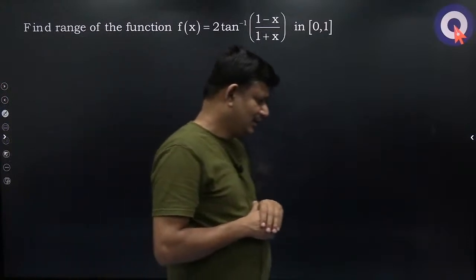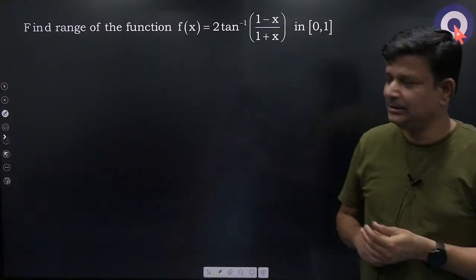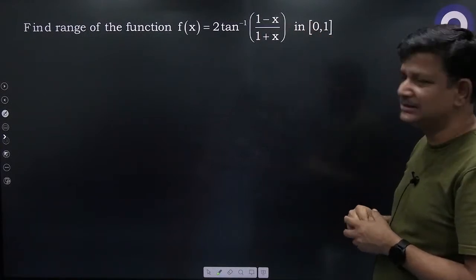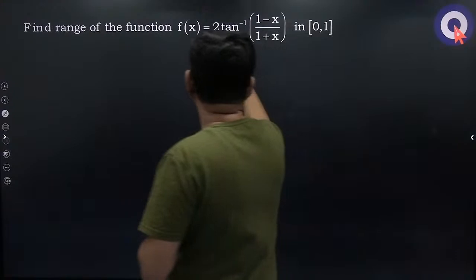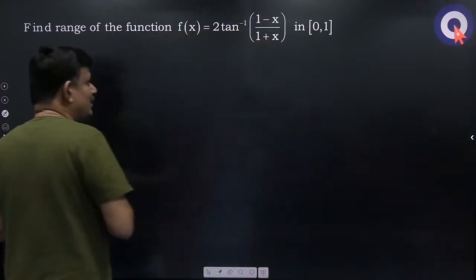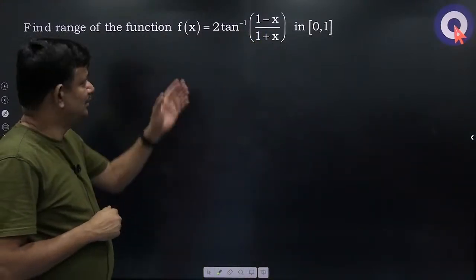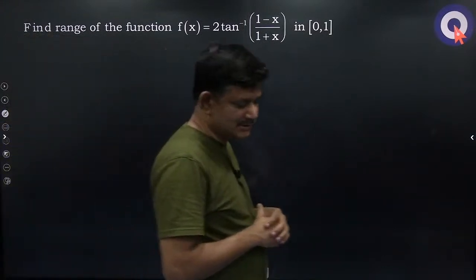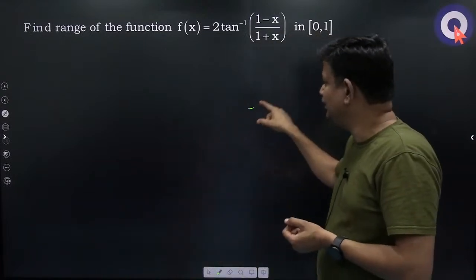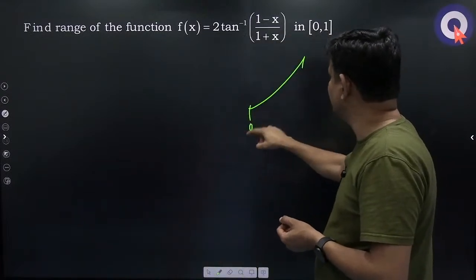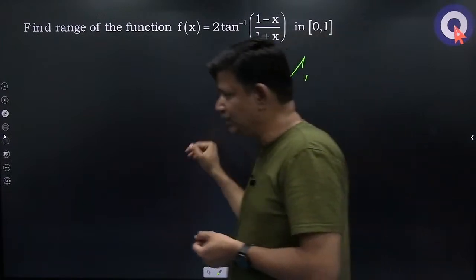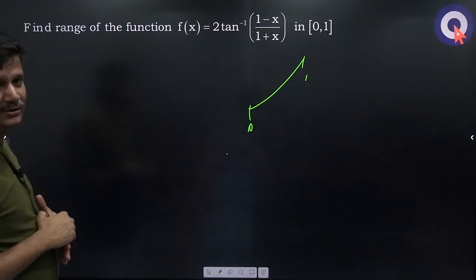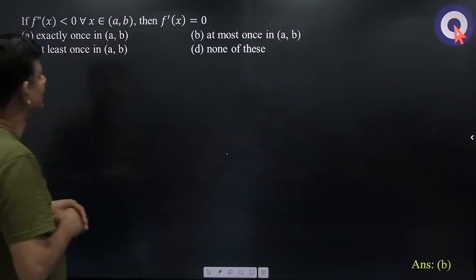It will be tan pi by 4 minus x, which is 1 minus tan x by 1 plus tan x. So this will be pi by 4 minus tan inverse x, or pi by 2 minus tan inverse x multiplied by 2. So from there you can discuss the monotonicity of this function. It is a strictly increasing function. Range will come by substituting 0 and 1. Whether it is strictly increasing or strictly decreasing, you will get greatest and least values at the endpoints. That is the whole idea.